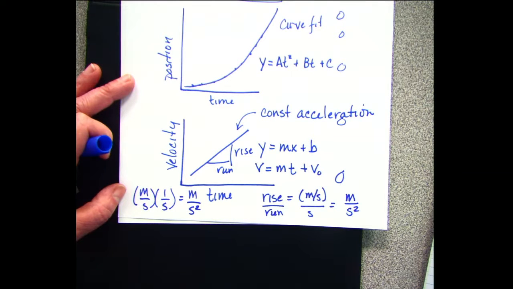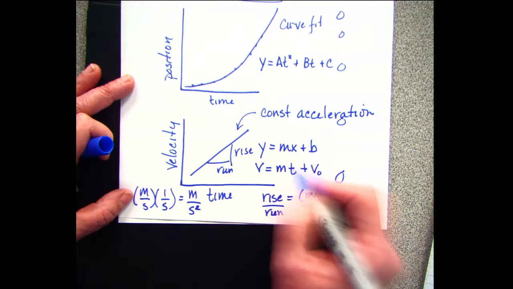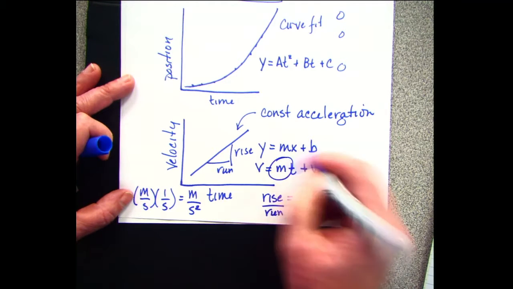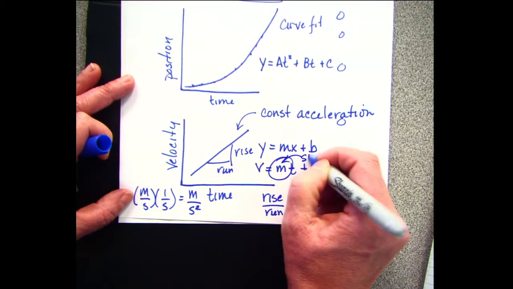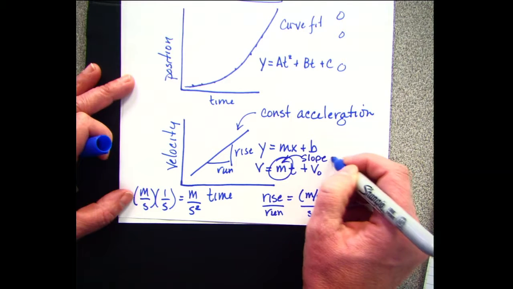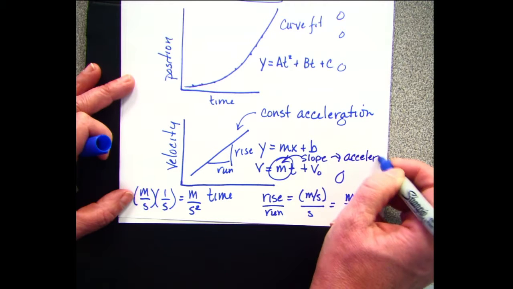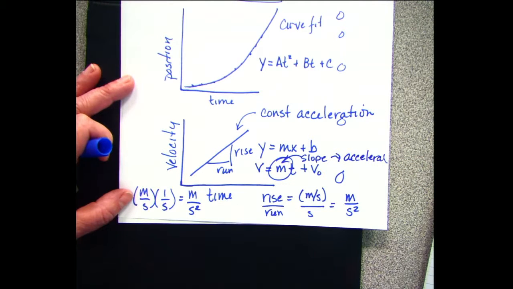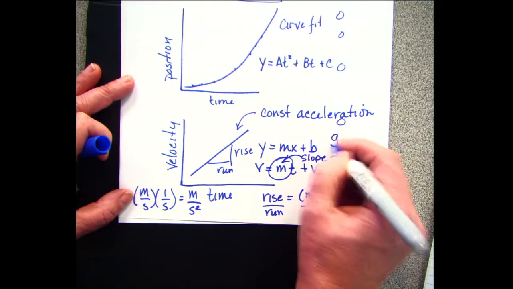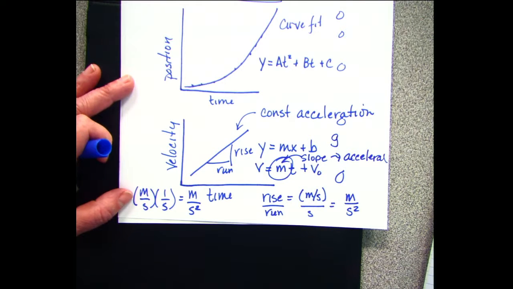So I can use my unit analysis to help me out. This m, which is slope, not meters, becomes an acceleration. And if I have the dropping ball, that acceleration ends up being our little g for gravity.